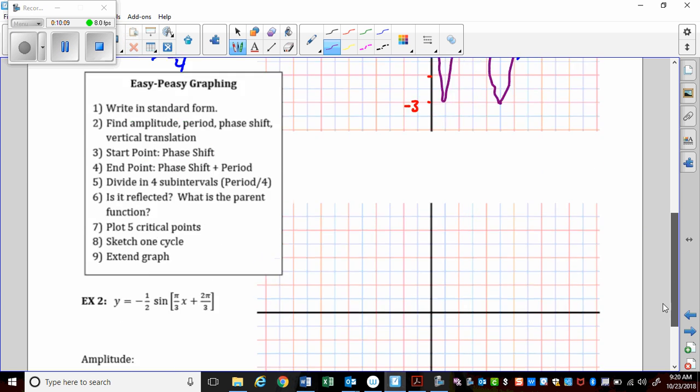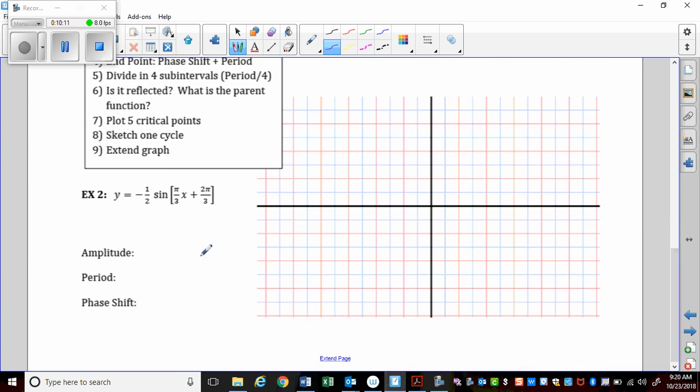Alrighty, actually let's do this one together. So this one says the amplitude is going to be the number in front, but do you guys see this negative? That means instead of starting at 0 and going up, we're going to start at 0 and go down first. So the amplitude is still 1/2.